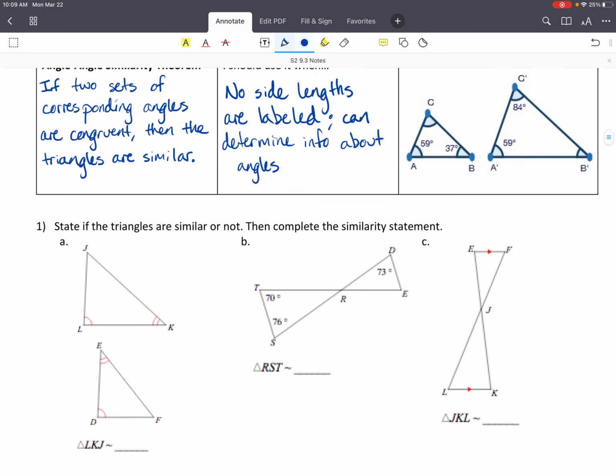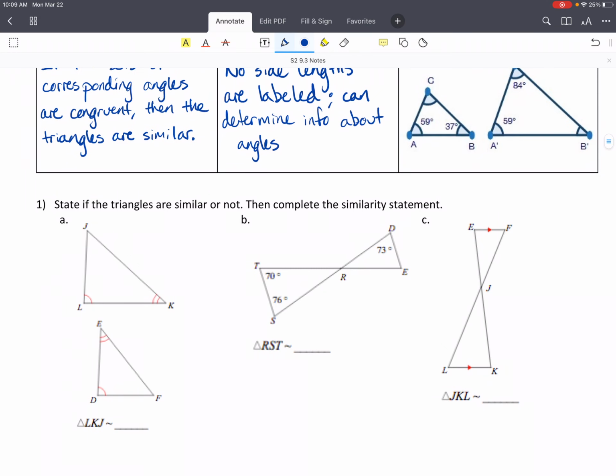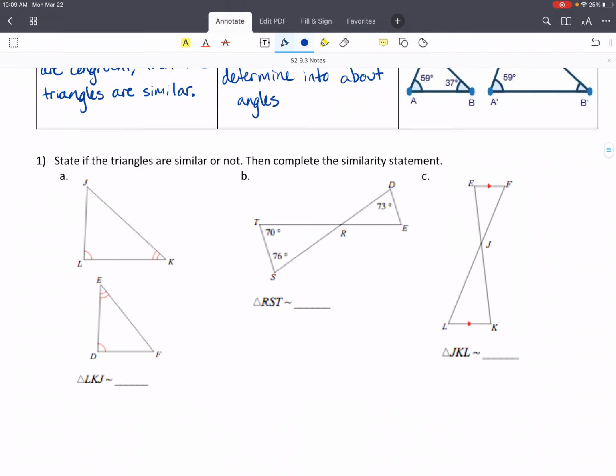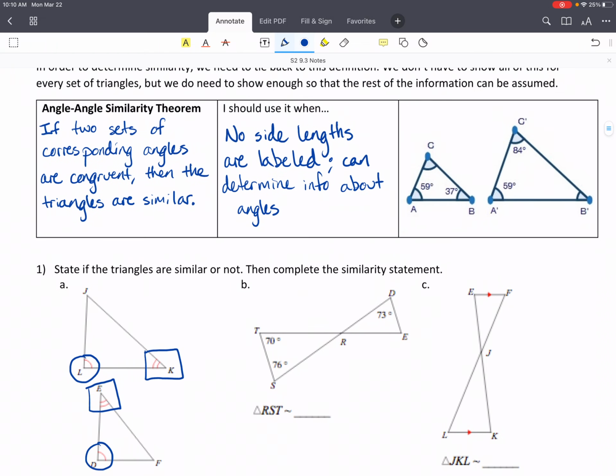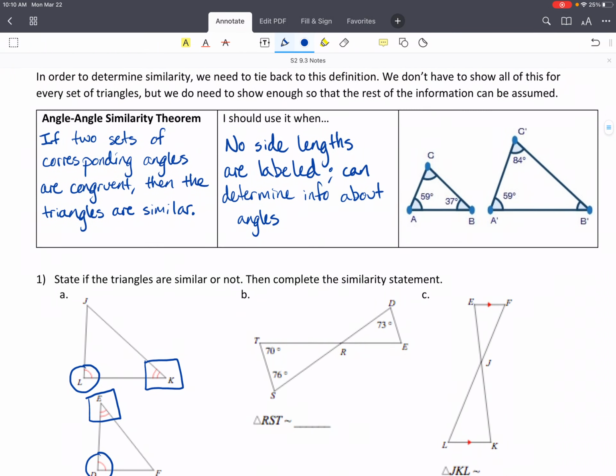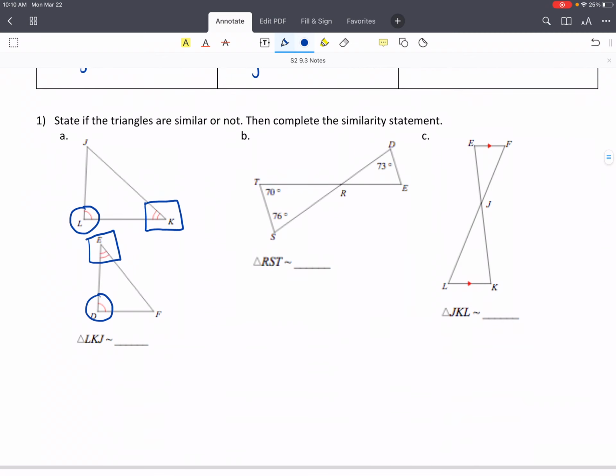So here's what we mean. State if the triangles are similar or not, then complete the similarity statement. Well, here I see that angle L is congruent to angle D, and I have angle K is congruent to angle E, and so because I have 2 sets of corresponding angles, that's enough to say that these triangles are similar using angle-angle similarity.